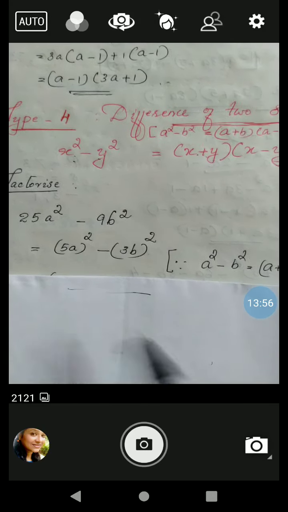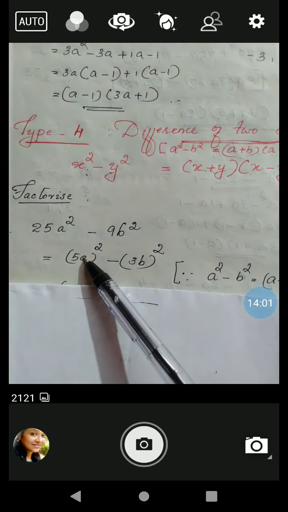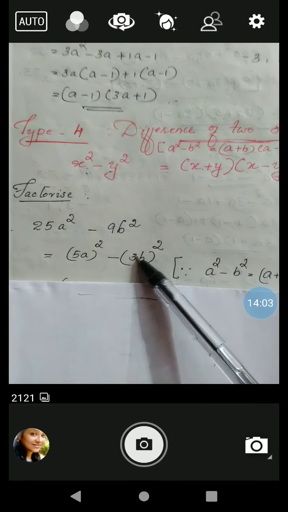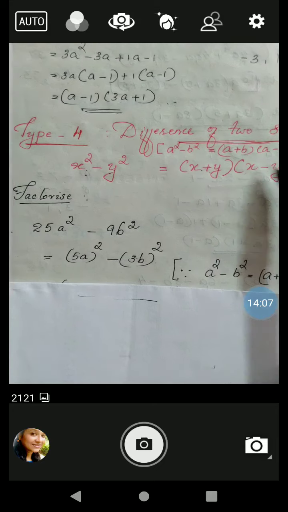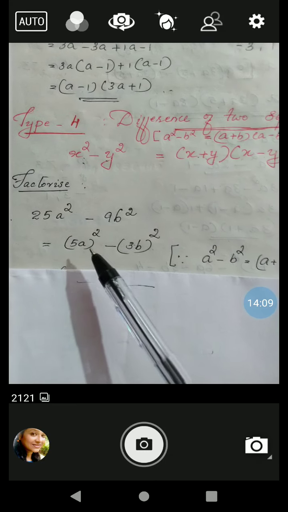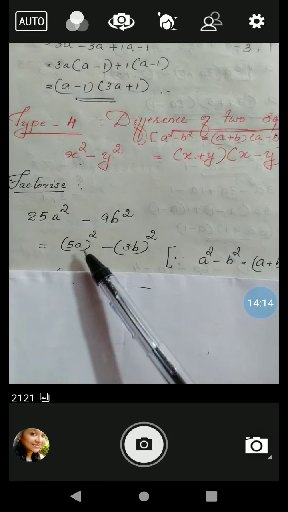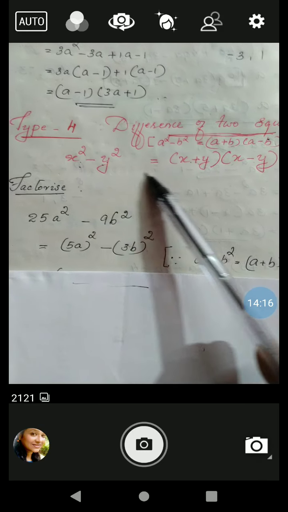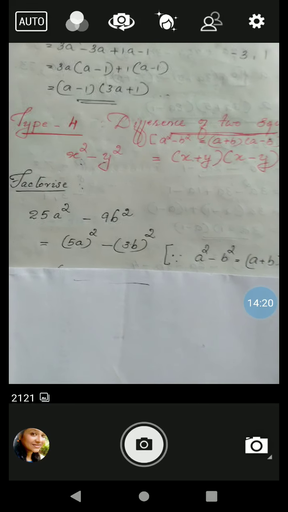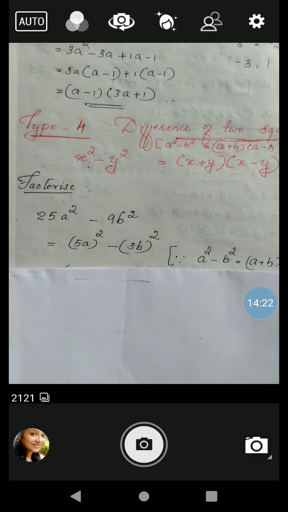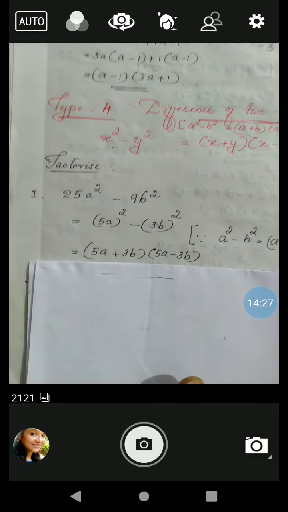Actually, this is in the form x square minus y square. What is x square minus y square? x plus y into x minus y. Therefore, this can be written as 5a plus 3b into 5a minus 3b in the same form. Do it carefully. Now the answer is 5a plus 3b into 5a minus 3b.